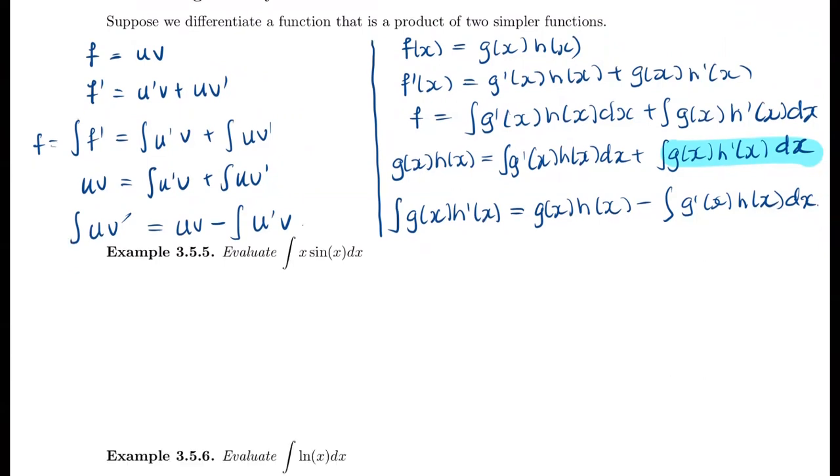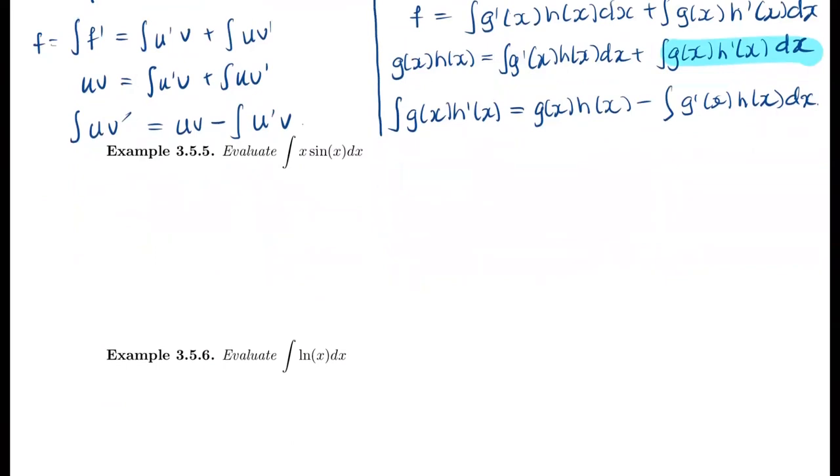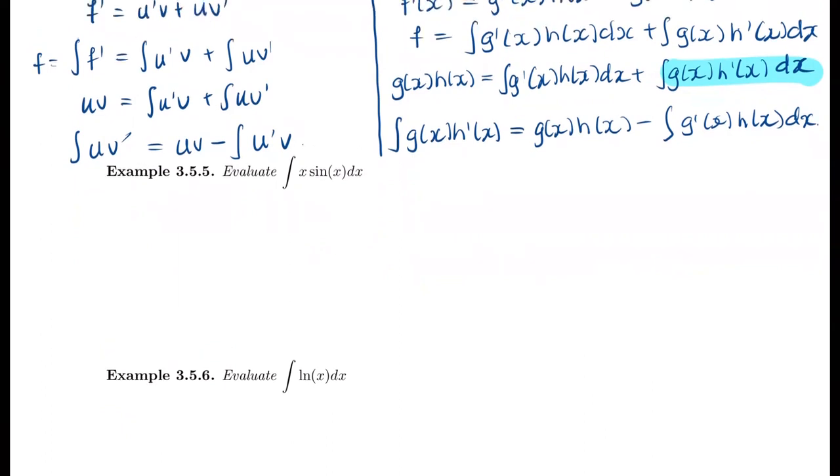All right, so let's have a look at this first one. We have the integral of x times sine of x dx. This is where integration by parts will come in. We see that we have a product of two simpler functions, x and the sine of x. The easiest one to differentiate is the polynomial, because the one that involves a polynomial is the best one to differentiate.